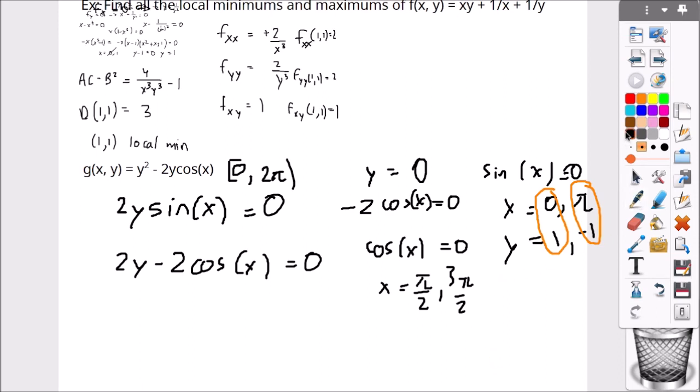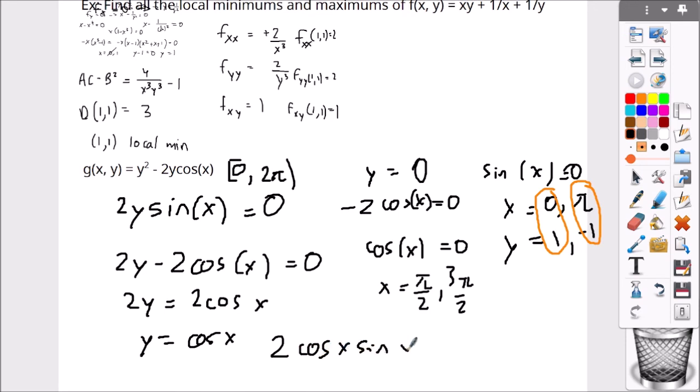Now, another neat thing you can do with this is, well, 2y is equal to 2 cosine x, so y is equal to cosine x. You can switch the cosine x. You can have 2 cosine x sine x equal to 0.